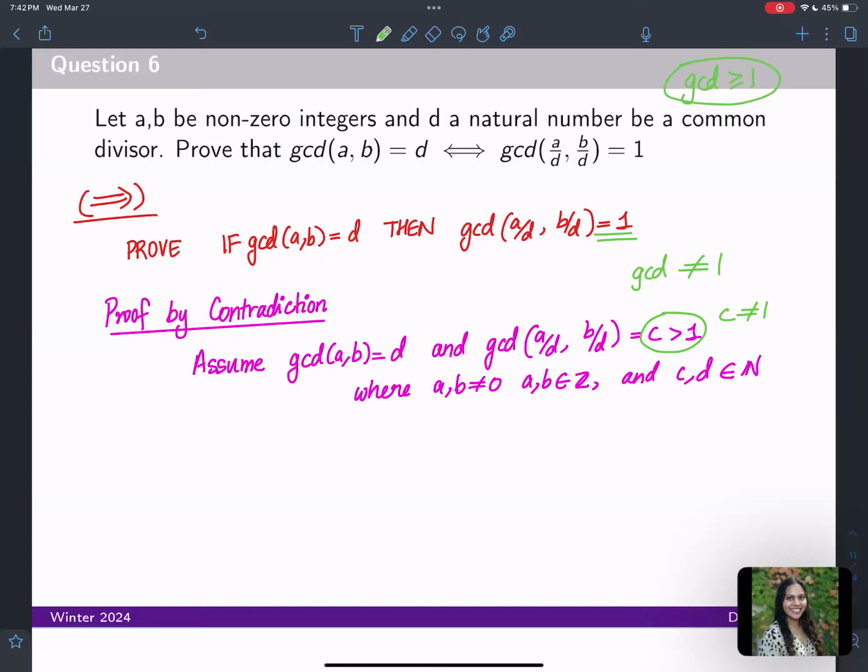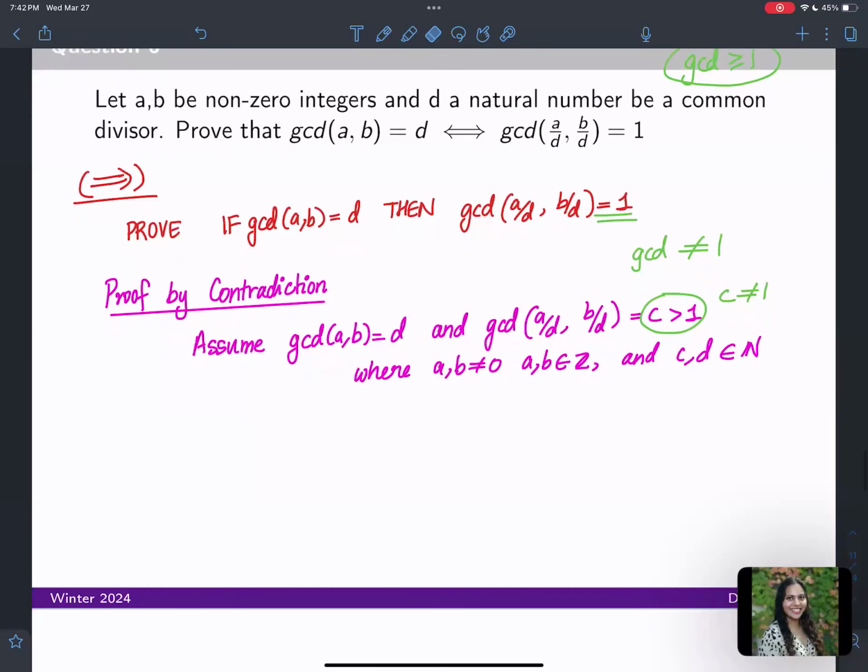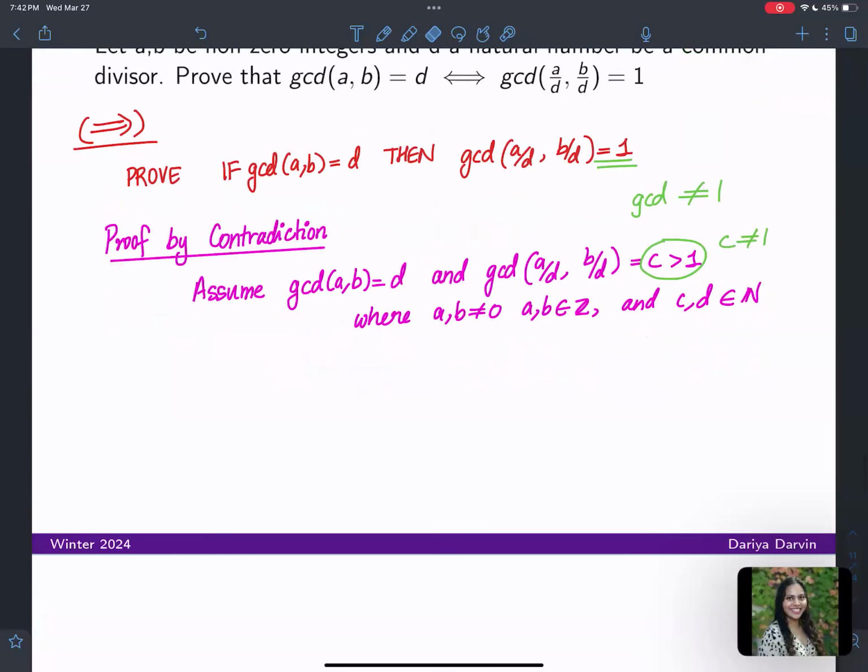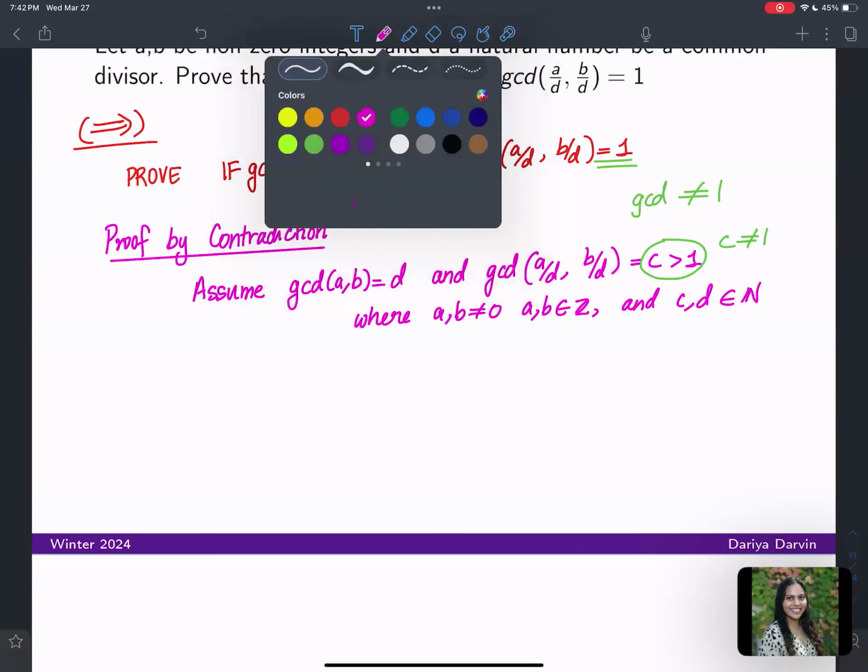We just talked about that earlier. So if I say the GCD is not 1, it means it has to be greater than 1, because less than 1 can never happen anyway. So the second I know it's not equal to 1, I can say it's greater than 1. Hopefully that makes sense where I got C greater than 1. Okay. Any doubts in the assumption?